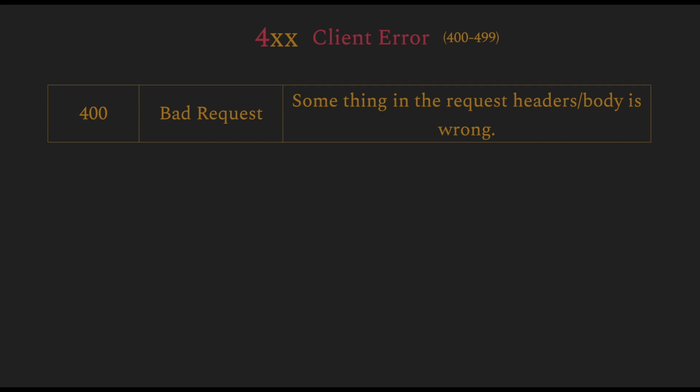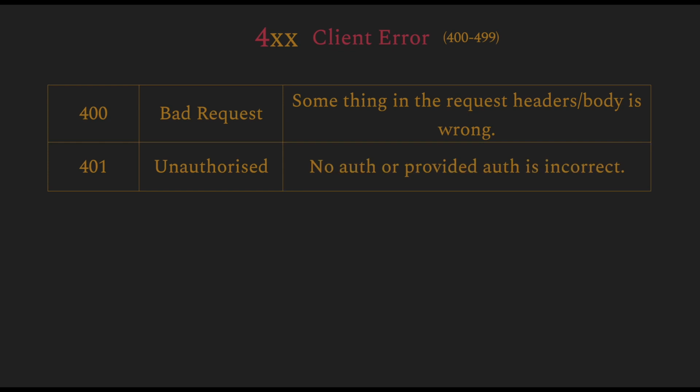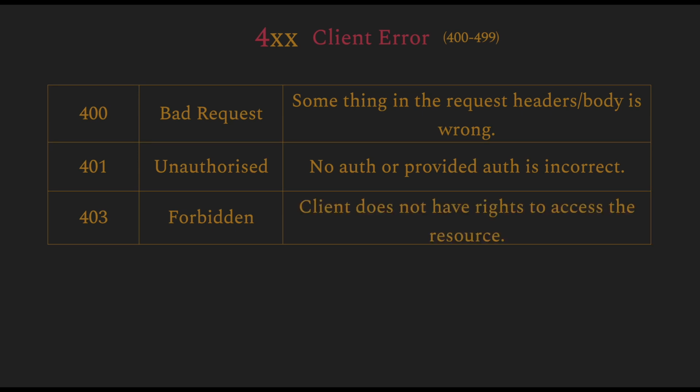For example, the server expects JSON, but the client sends a plain text request, etc. So this is a broad category of all the things that the client did badly with the request. 401 is unauthorized, which means that no authorization was provided or some authorization was incorrect, so the client cannot access this data. 403, there's a slight difference between 401 and 403, which means it's forbidden. In this case, the client does not have the rights, which means that authorization was provided, the authorization was successfully validated, but the client does not have rights to access certain areas.